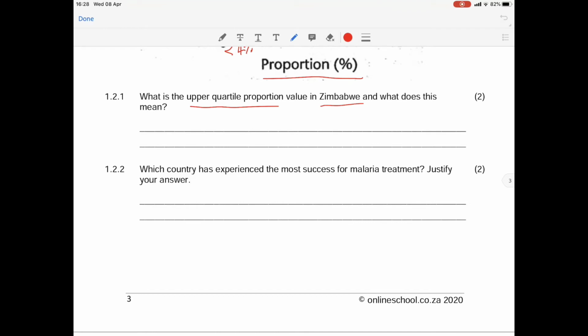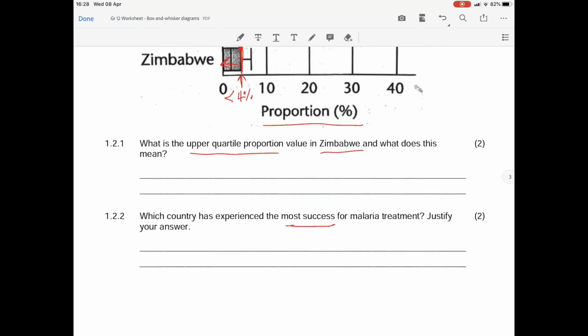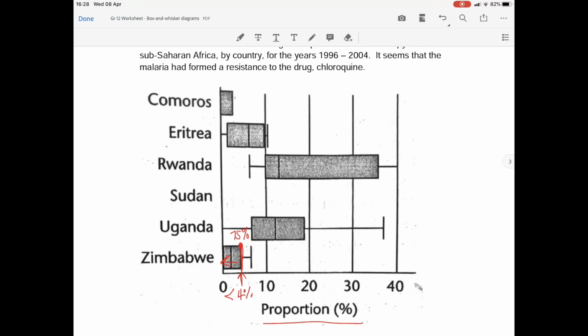The next question asks, which country has experienced the most success for malaria treatment, and justify your answer. So what we're going to do is come up and have a look over here. If we're looking for the most success, we're looking for the country that has the lowest proportion of failure, because this axis represents the proportion of cases that did not respond to malaria medication.